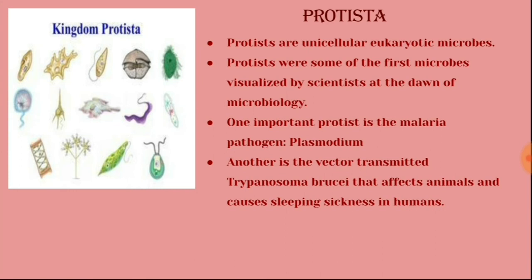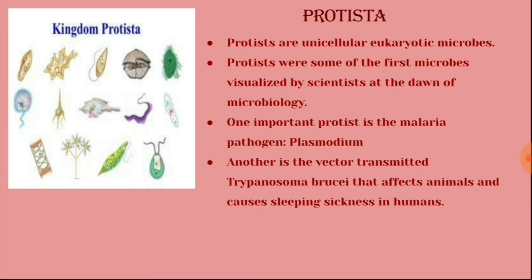So moving to the very first eukaryotic microorganism, which is Protista. So Protists are the unicellular eukaryotic microbes. Like all eukaryotes, they have nuclei and membrane-bound organelles. Protists were the first microbes visualized by scientists at the dawn of microbiology.